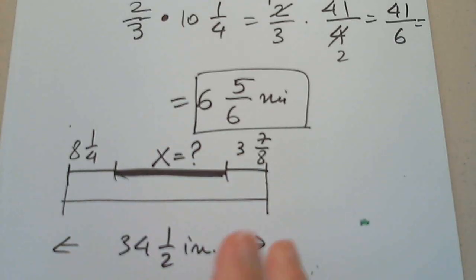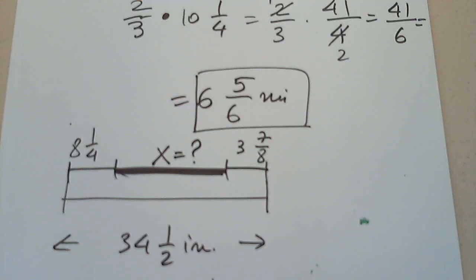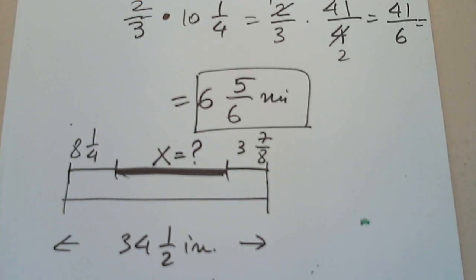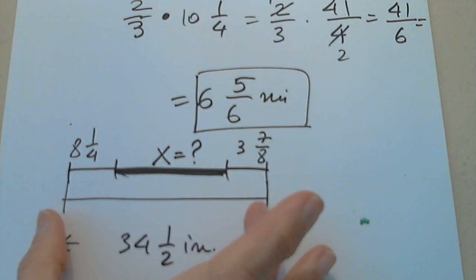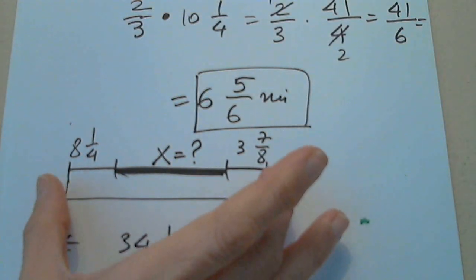You would say that the entire distance of 34 1/4 equals what? Equals what? So this entire distance must equal this distance.